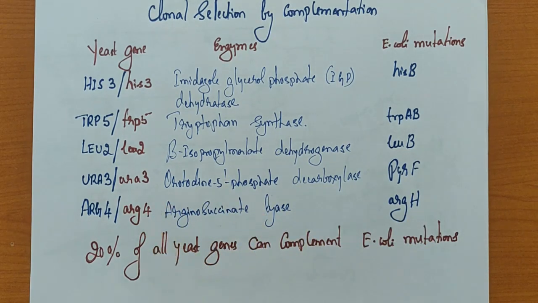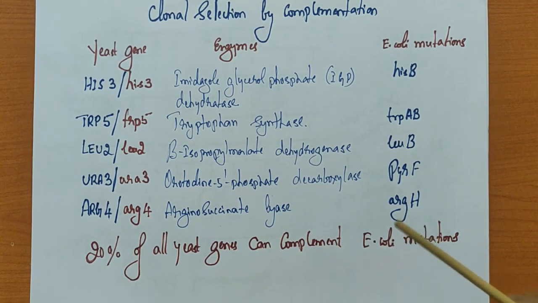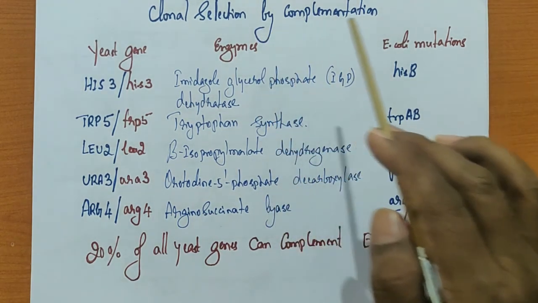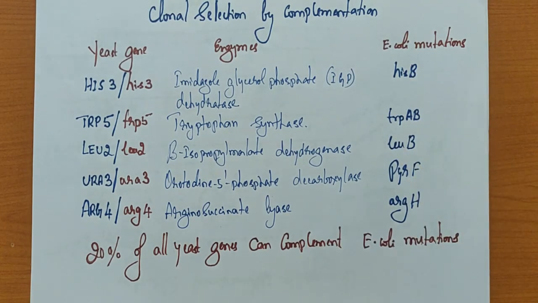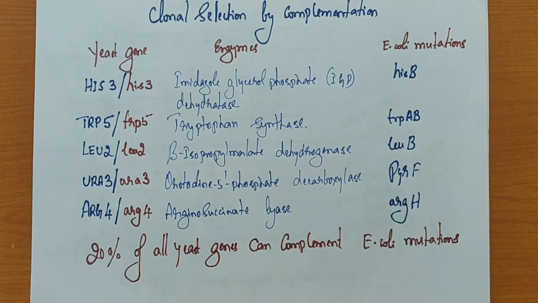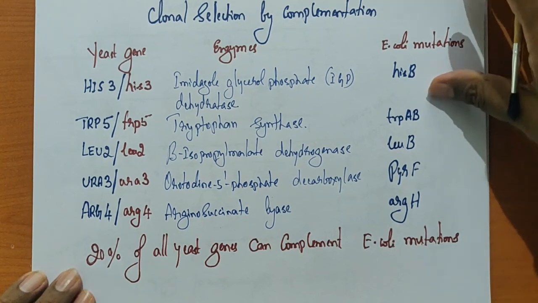So we cannot use an antibiotic resistance gene for the clonal selections. In the case of yeast, a plant cell or an animal cell, the clonal identification is based on complementation. You have to replace that with the right gene, then only can we identify it. So for that, auxotrophs and the identification of auxotroph mutants are very, very important.